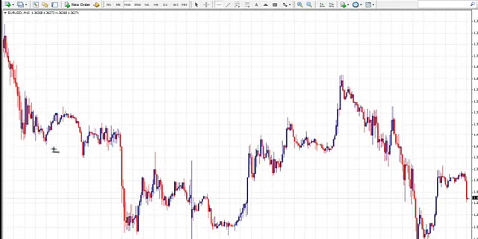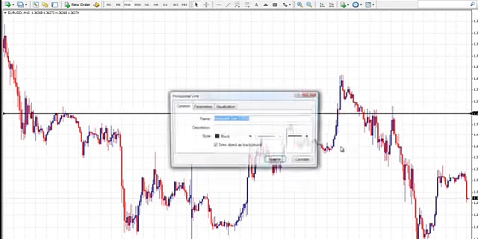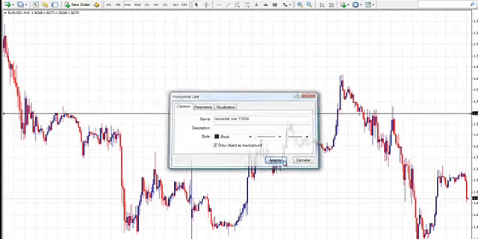The difference is that we're going to use thin black horizontal lines for the immediate levels, and green thick lines for the inflection points. So let's start. Let me just thin this up a little bit.